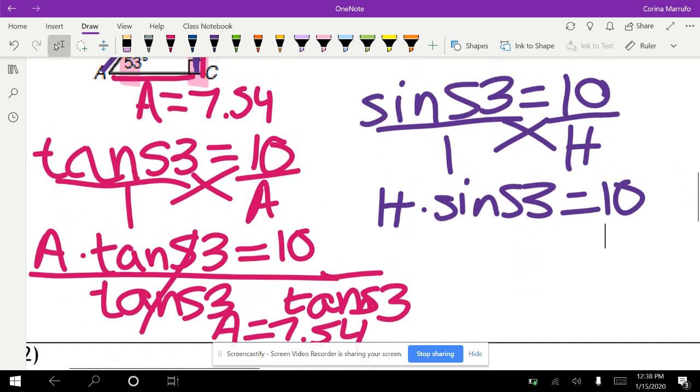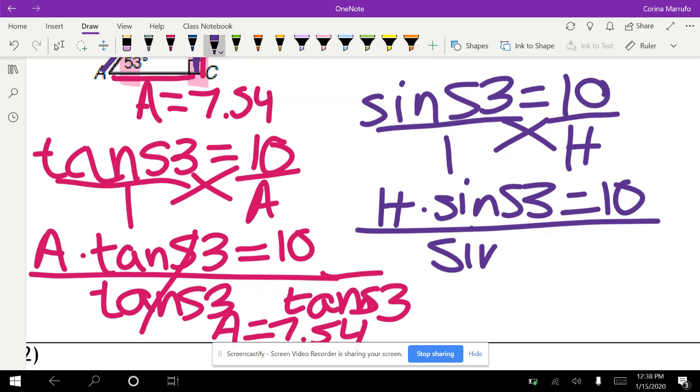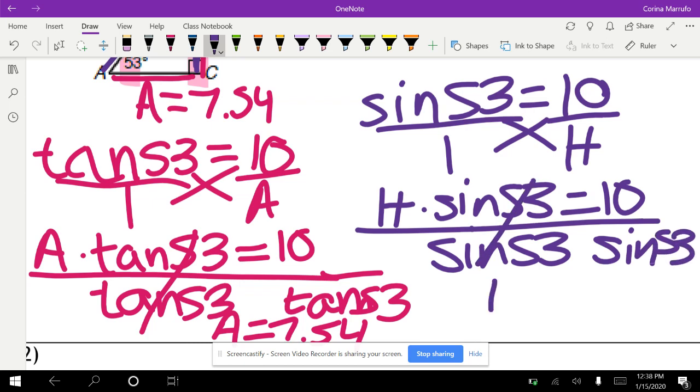Then our next step to solve for h is to divide by sine of 53. These sines cancel, and we're left with h equals, and in our calculators we punch in 10 divided by sine of 53, and that gives us 12.52.